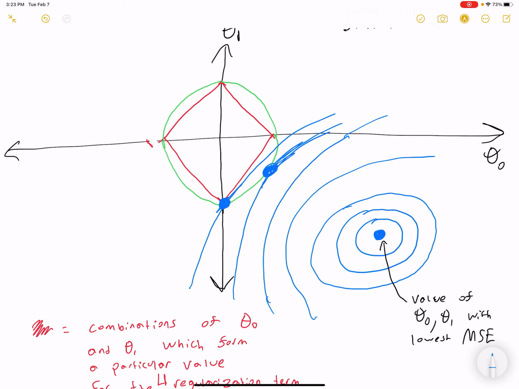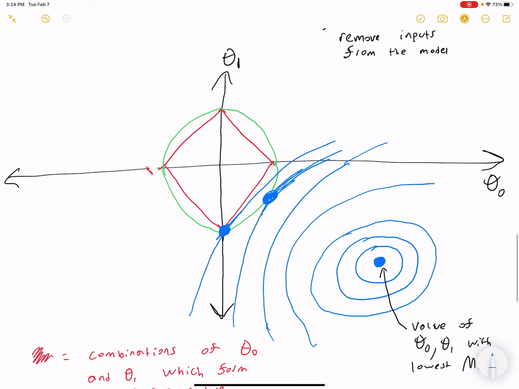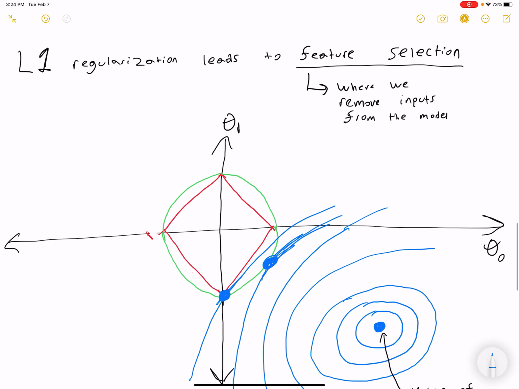You can see that visually, where the value of one of the parameters is 0 and the other value is not 0. And so just conceptually, that's why L1 tends to lead to feature selection and L2 doesn't.